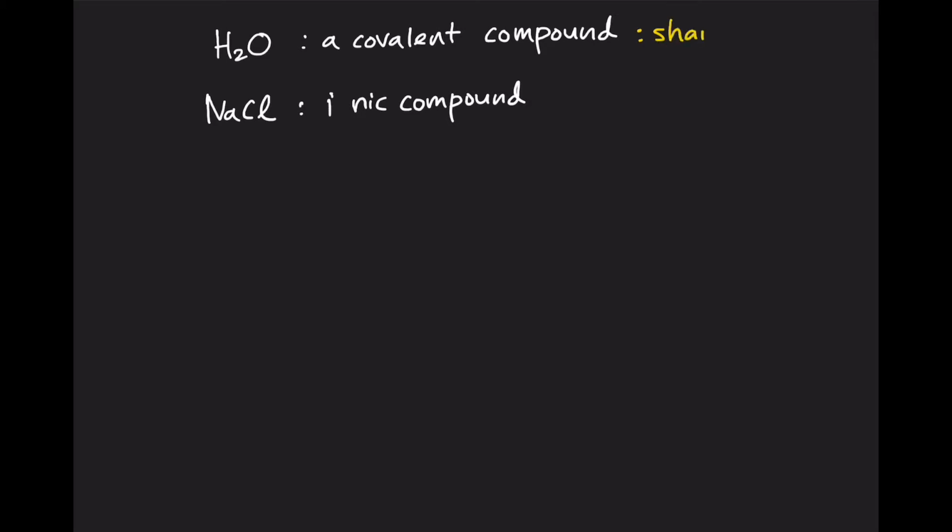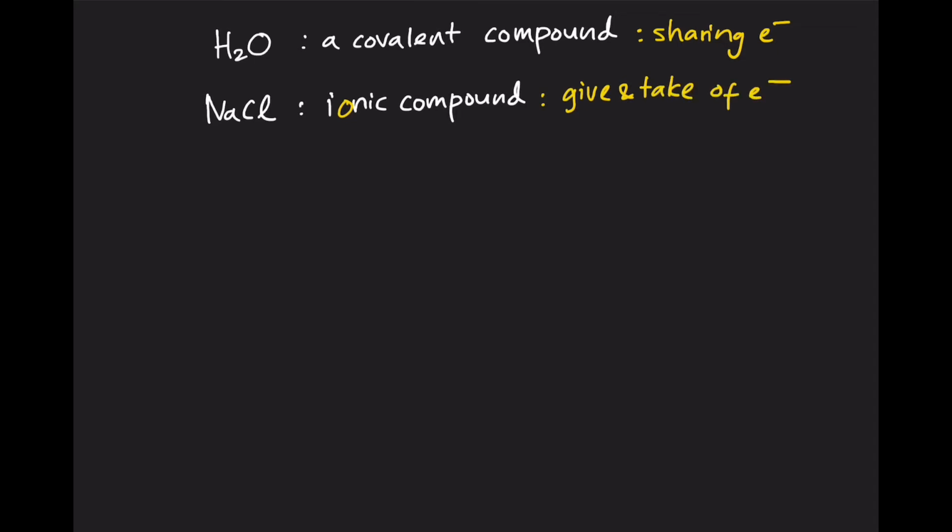We have discussed this in Chapter 2. You can revisit Chapter 2 materials to understand this better. So in H2O, there is a sharing of electrons between the atoms, while in NaCl, which is an ionic compound, there is a give and take of electrons.